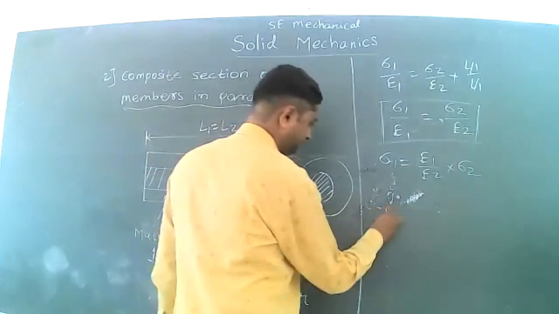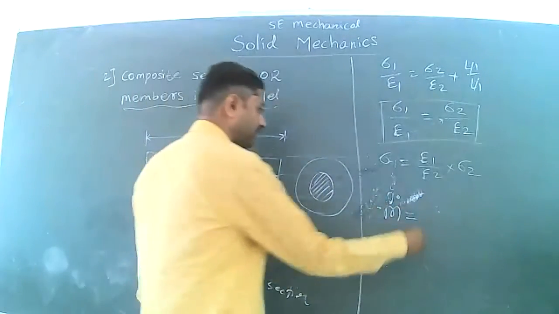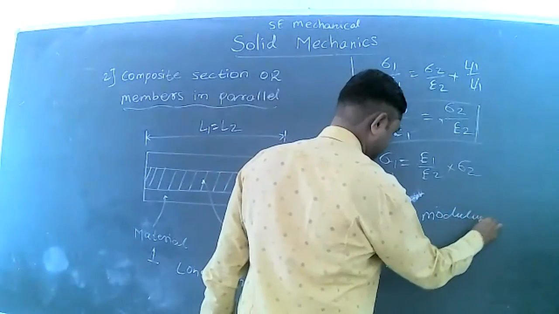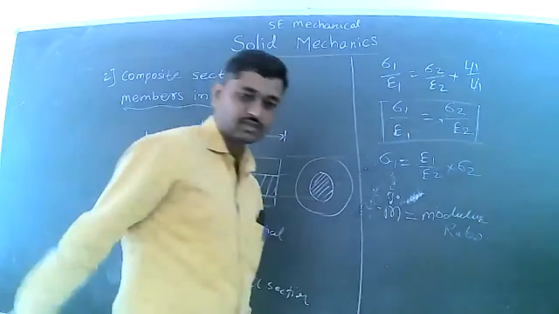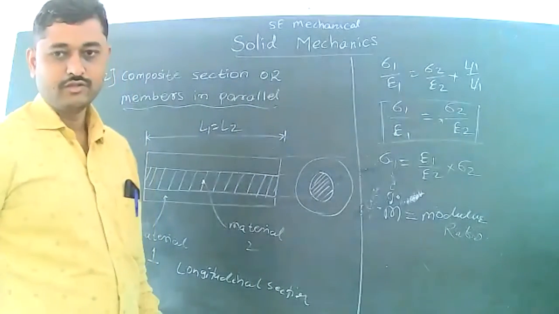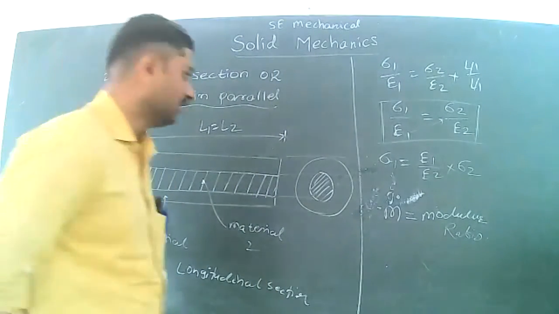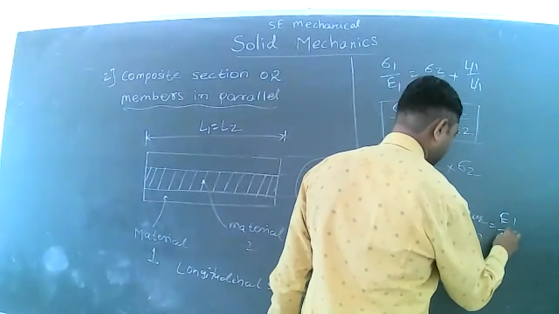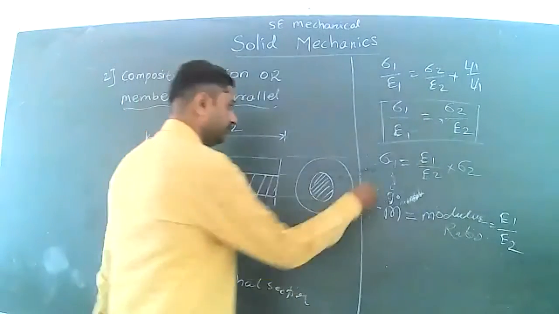This E1 by E2 is called the modular ratio. What is modular ratio? Modular ratio is nothing but the ratio of modulus of elasticity of the materials.